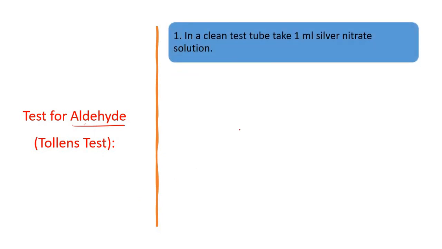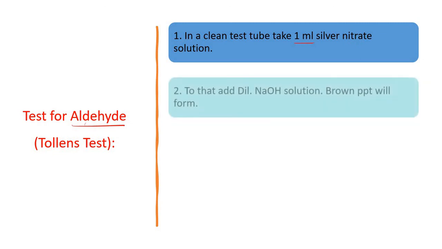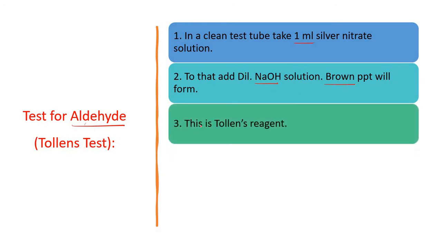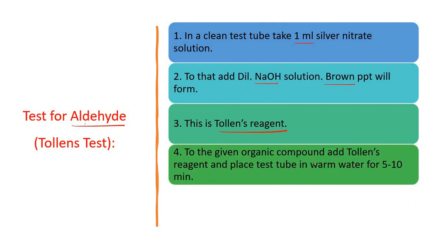In a clean test tube, you have to take 1 ml silver nitrate solution. To that, add dilute NaOH solution. The brown precipitate will be obtained. This brown precipitate is called Tollens reagent. To the given organic compound, you have to add Tollens reagent and place the test tube in warm water for 5 to 10 minutes.